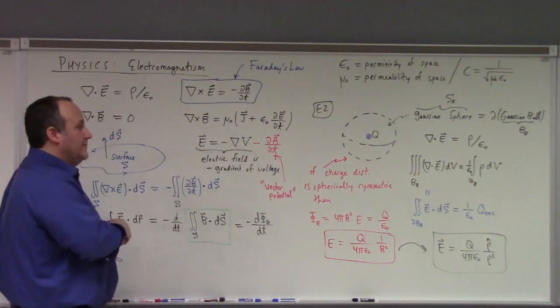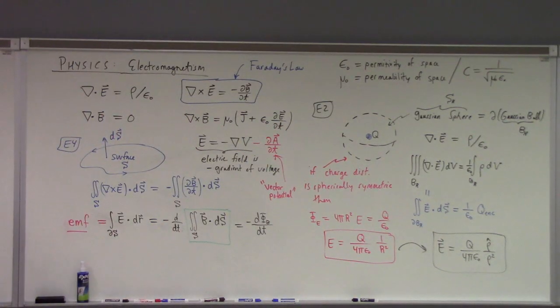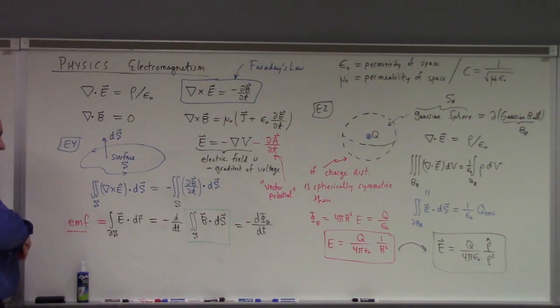But if that partial A partial t term is present and non-trivial, it can spoil the conservative aspect of the electric field. It's an induced electric field. Induced electric fields aren't conservative. I hope you can see that in order to understand electromagnetism properly, we have to apply Stokes' and the Divergence theorem. It's all that.